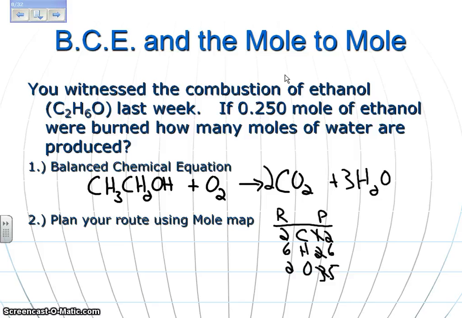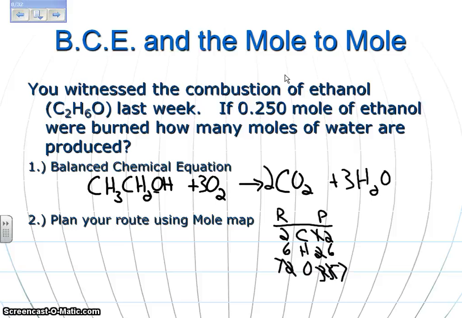This gives us 6 hydrogens, and it gives us 7 oxygens. We have 1 oxygen here, so we have 6 to account for. If we put a 3 here, that gives us 6 plus 1, 7 oxygens. So we now have a balanced chemical equation.